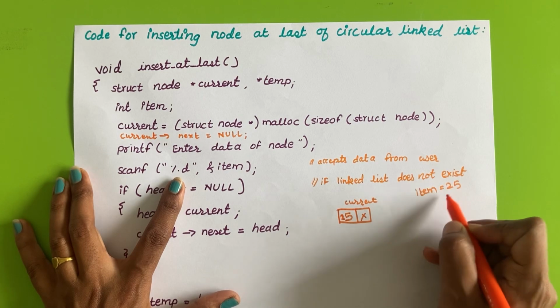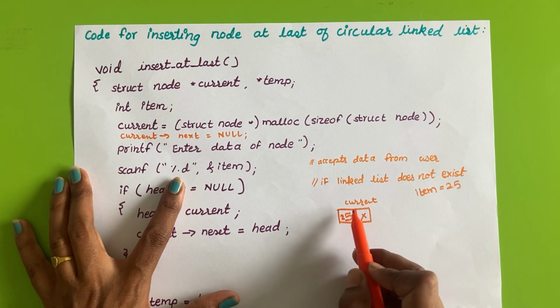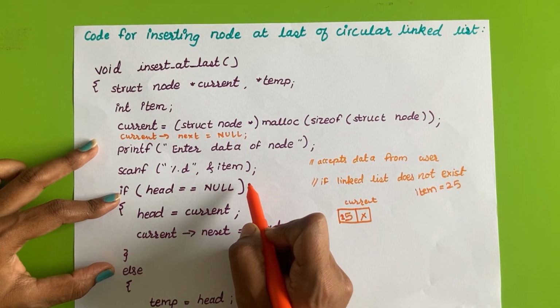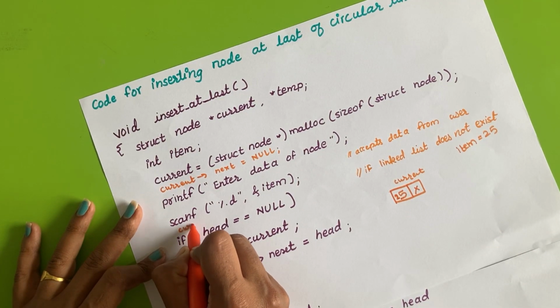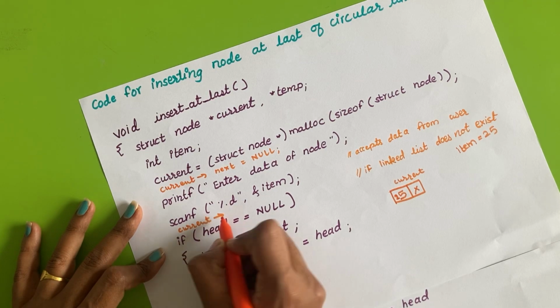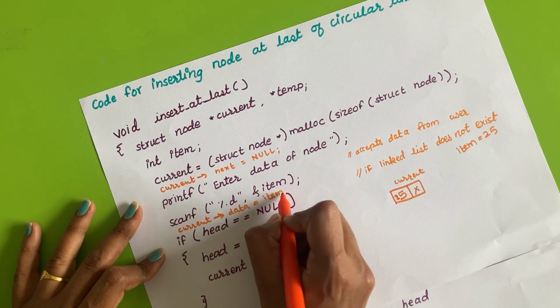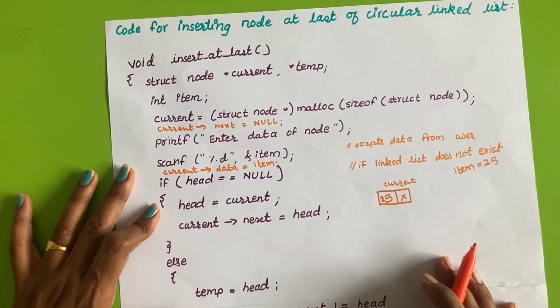Now we have to copy the value of item variable into the data part of current node. So for that purpose we will assign here the value with the help of current next data is equal to item. This statement will copy the value of item into the data part of current node.